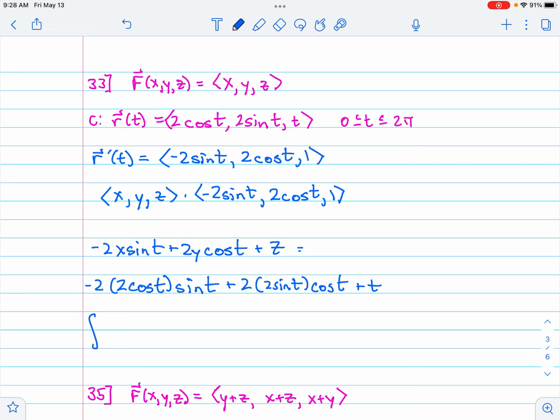We're going to integrate this from 0 to 2 pi. So here's what we've got: negative 4 sine t cosine t plus 4 sine t cosine t plus t.